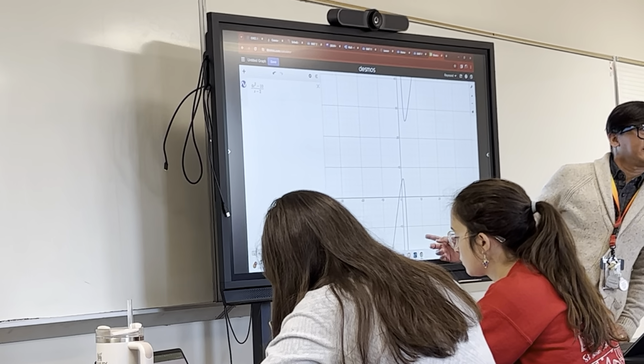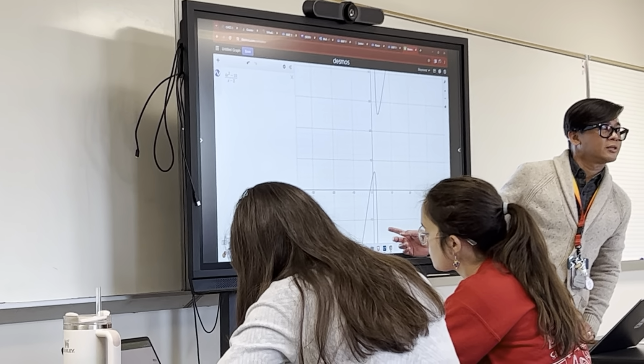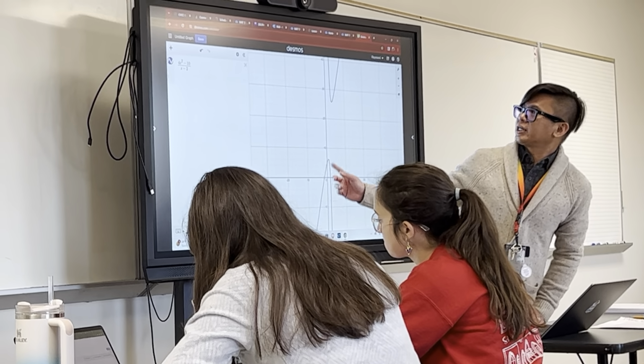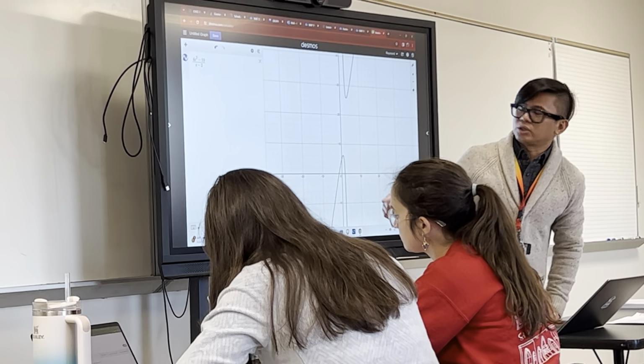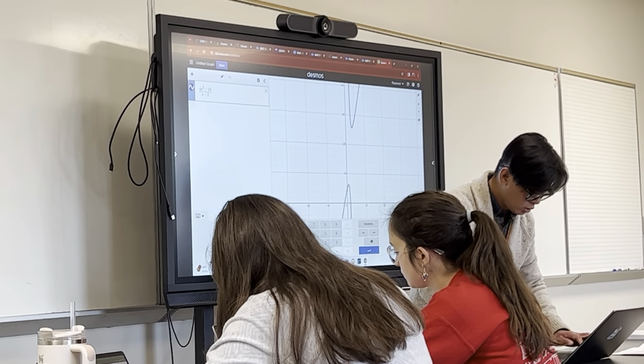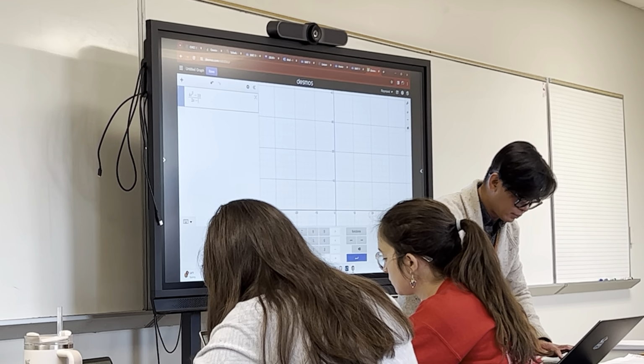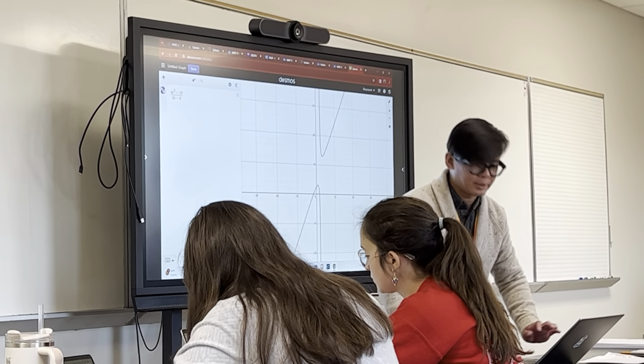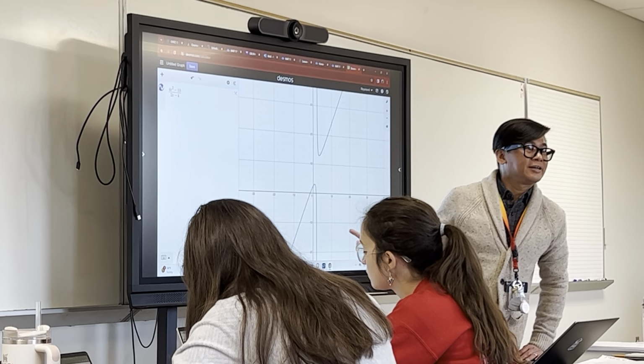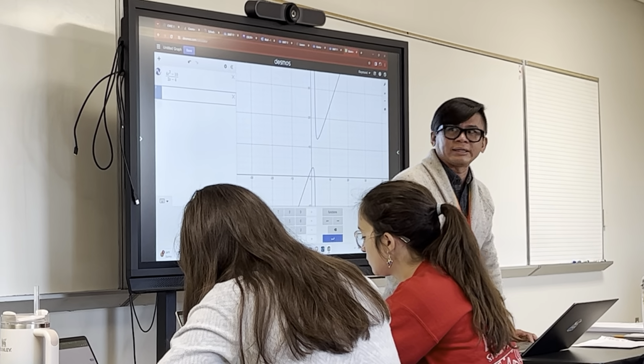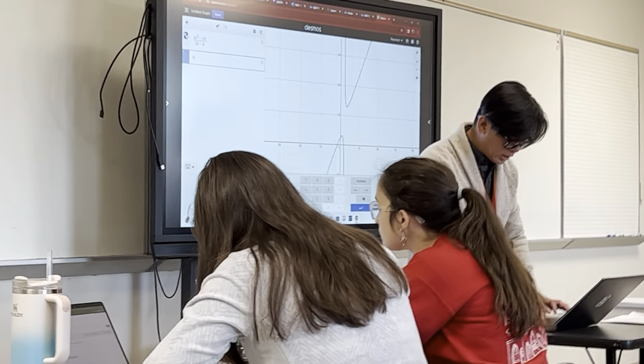See that graph over there? That is 4x squared minus 10 all over 2x minus 4. Now, let's see the slant asymptote. We said that y is equal to x plus 2.